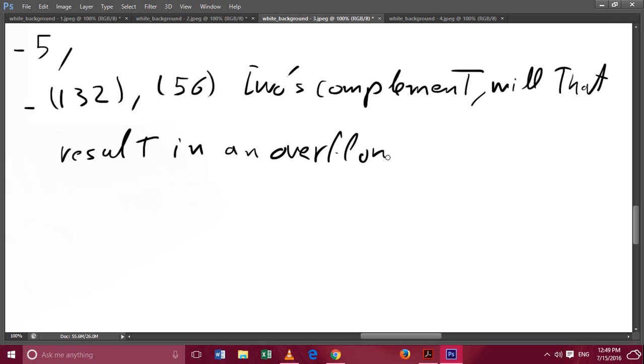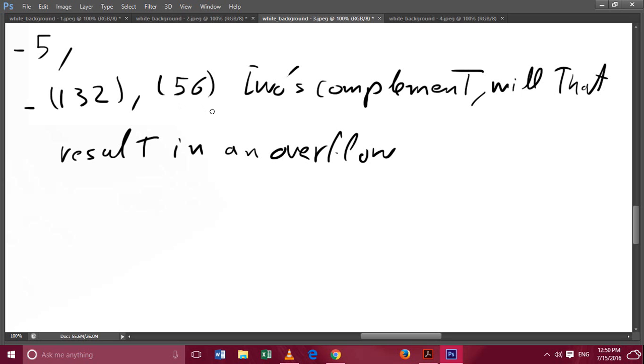This might be an exam question, so I'm simply asking you, will adding 132 and 56 in 2's complement binary notation result in an overflow? The normal way is you represent this, and then you represent this, and you add them up. If the result has an opposite sign, that's an overflow.